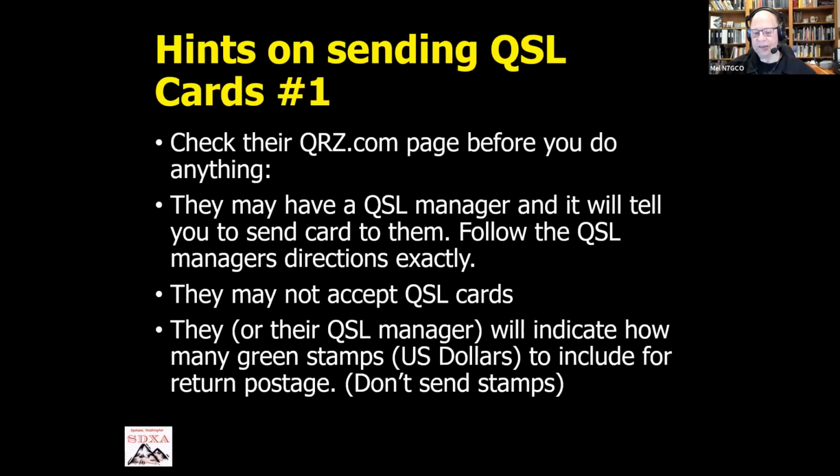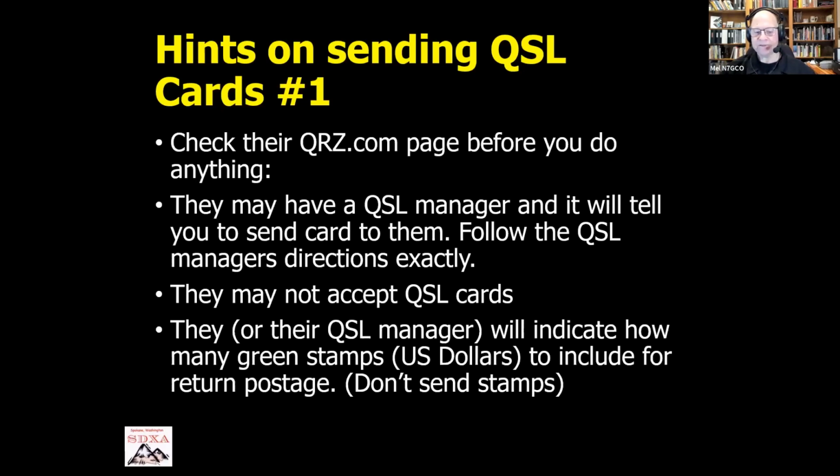I can't think of the official name of it now, but basically it's international postage. They don't sell them in the US anymore. I bought them from Japan, sent them to him, and he sent me a card. But I will tell you, if they have a QSL manager, follow the directions exactly.